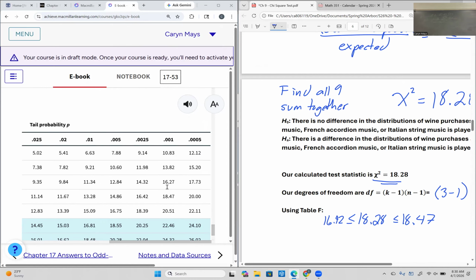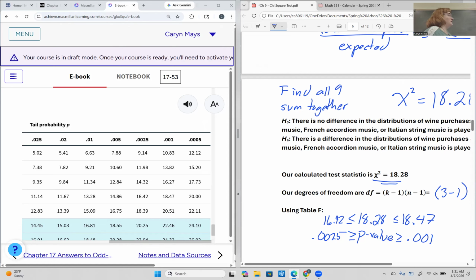If I take this 16.42 and follow it up to the top, 16.42 goes with a p-value of 0.0025. 18.47 goes with a p-value of 0.001. So this tells me my p-value is somewhere between 0.0025 and 0.001.